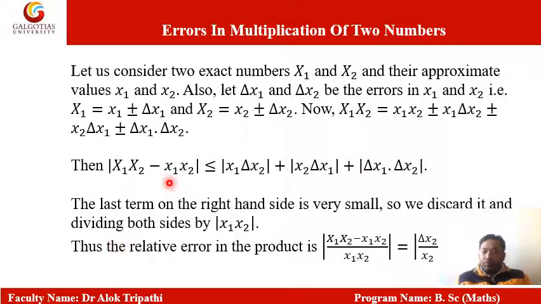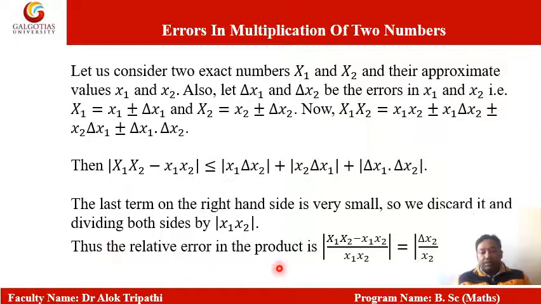So if you want to find the relative error in this product, then first of all you should recall what is relative error. Relative error is just when we divide the absolute error by mod of the true value, then we will get the relative error.